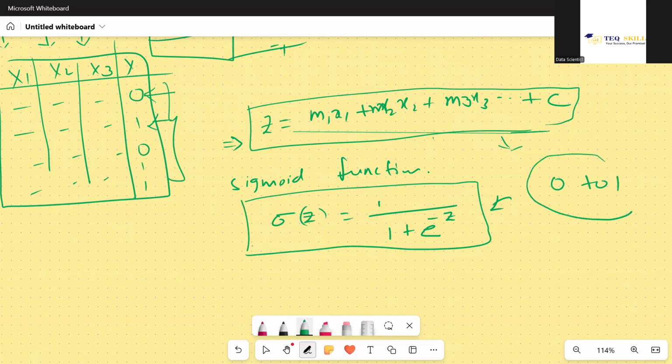So the maximum value is 1 and the smallest value is 0. If sigma of z is less than 0.5, it is class 0. If it is greater than or equal to 0.5, it belongs to class 1. Okay, clear?